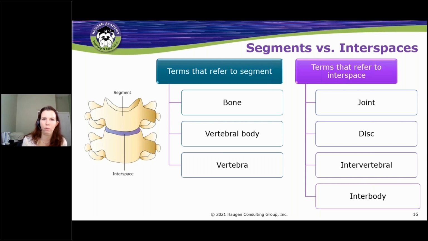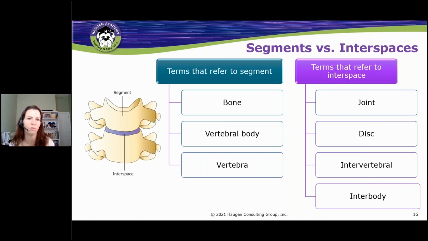And then terms that would refer to the interspace, so between the segments, would be joint, the vertebral joint, the disc that lies between them. It's also referred to just as intervertebral or interbody, and interspace, although it's not on here, but interspace is also used to refer to that. These all refer to that.